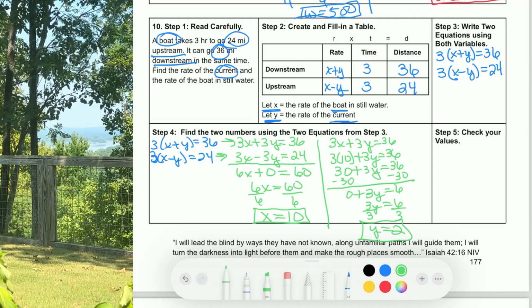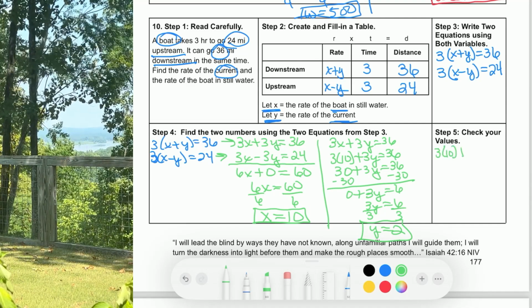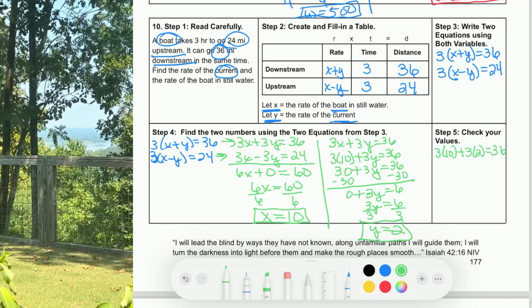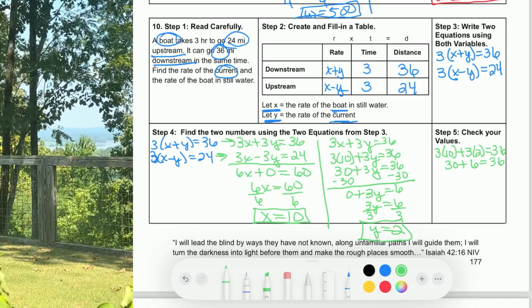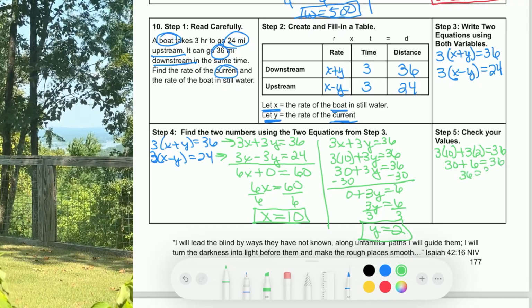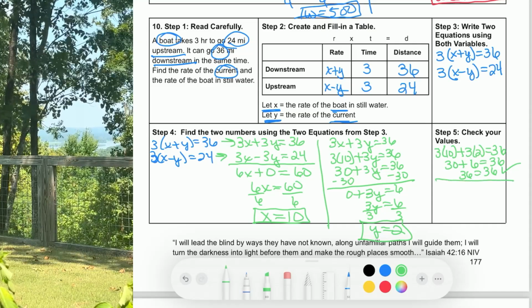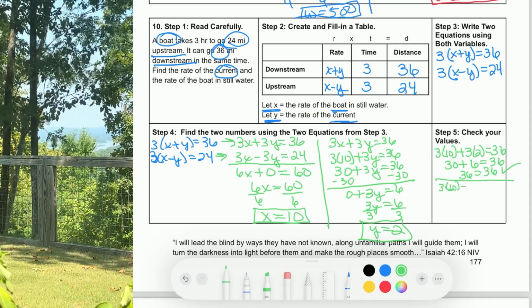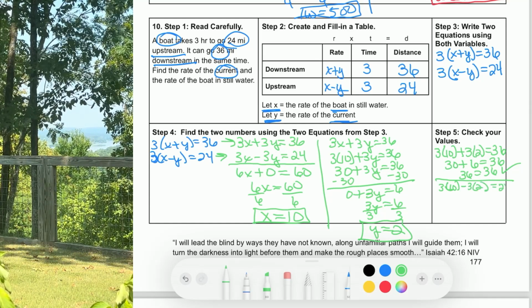Let's double check that though. So 3 times 10 plus 3 times 2 equals 36. That becomes 30. That becomes a 6. That is 36. And so yes, for the first one, it does work. Let's check the second one. We have 3 times 10 minus 3 times 2 should give us hopefully 24.